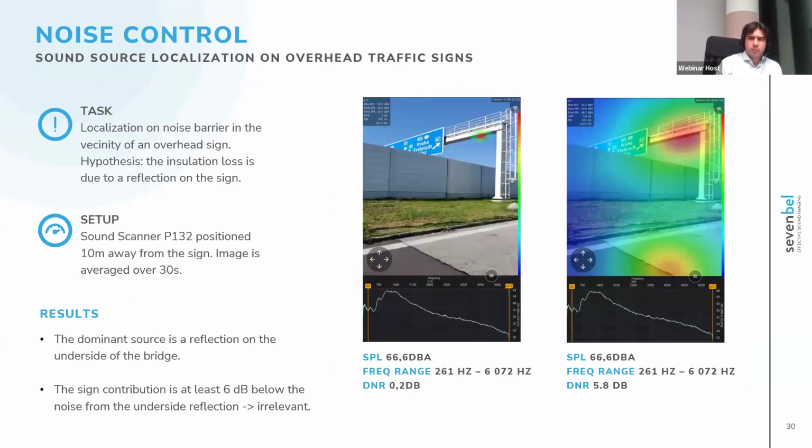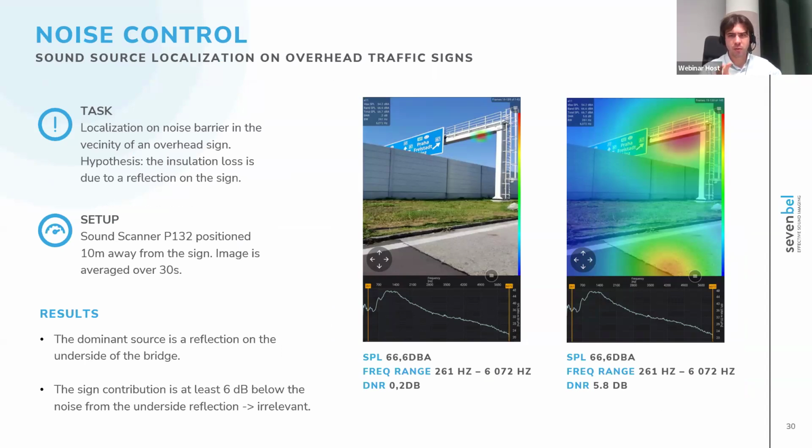This is another measurement that I chose to show today. It is extremely simple, but very telling. This is a highway that's right behind that acoustic barrier, and there's again houses exactly where the sound scanner is placed.